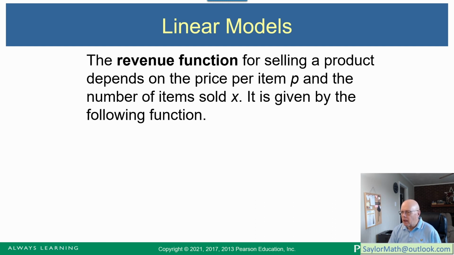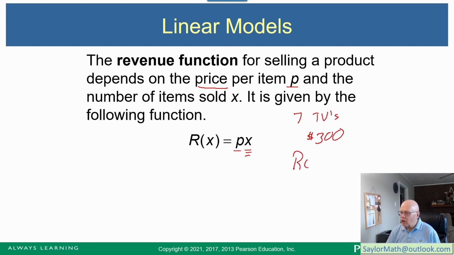You're going to sell them for a certain price, and you're going to sell a certain number of them. And here's the function. The revenue is the price times the number of items you're selling. So if you sold 7 TVs and you sold each one of them for $300, how much money would be coming in?